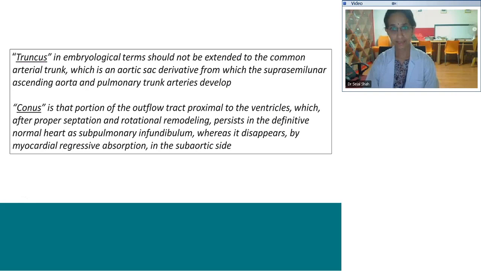Now here there are two things we have to understand. In embryology we use the word truncus, and this is not similar to the common arterial trunk, which is a derivative of the aortic sac.